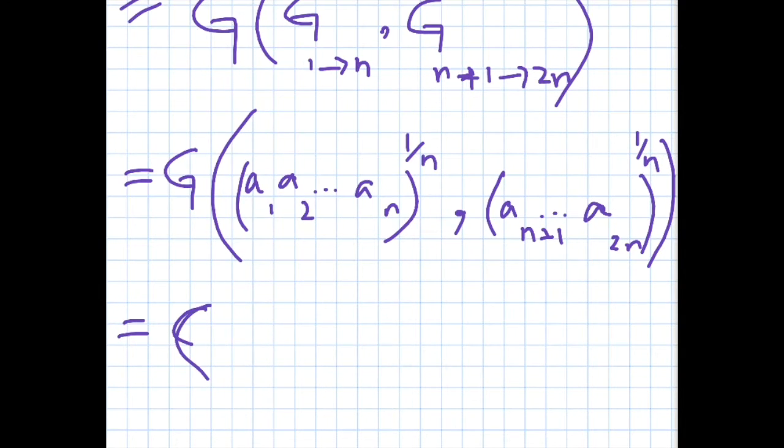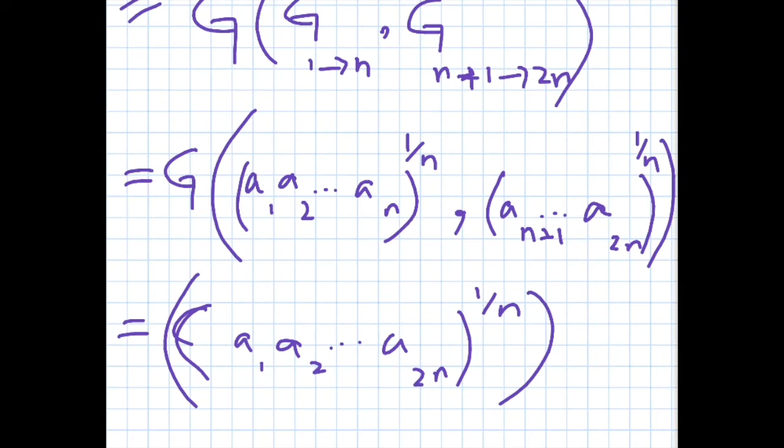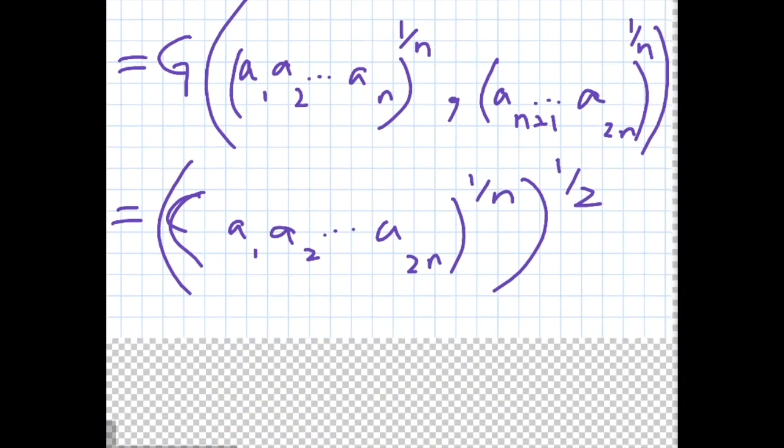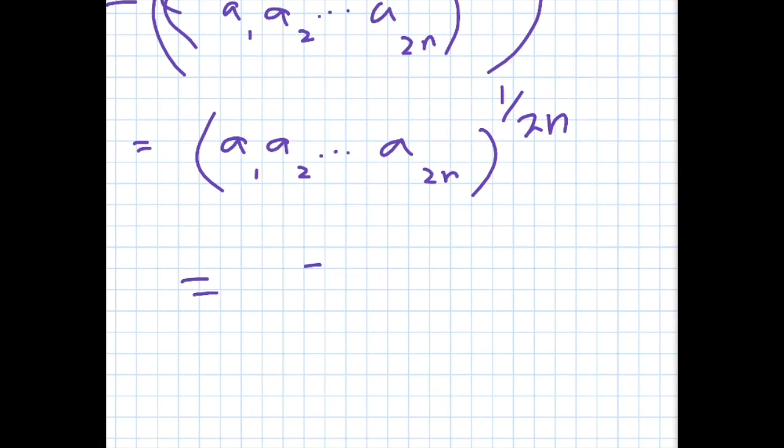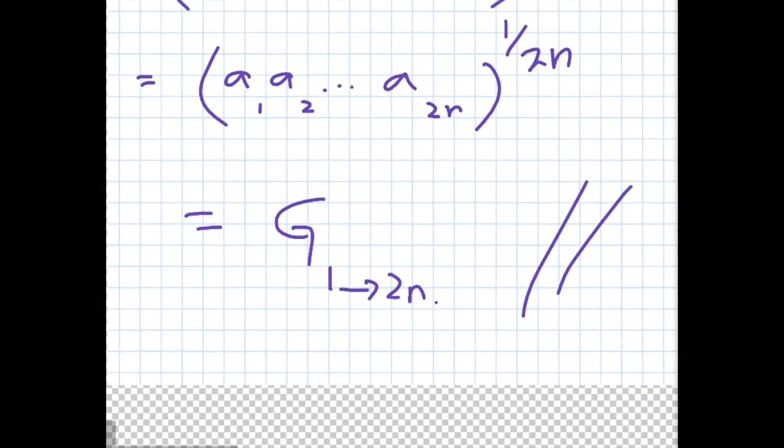So this is a1 a2 up to a2n to the 1 over n, to the 1 over 2, which is equal to a1 a2 up to a2n to the 1 over 2n, which is equal to the geometric mean of 1 to 2n. So this is the proof for the case when n is a power of 2.